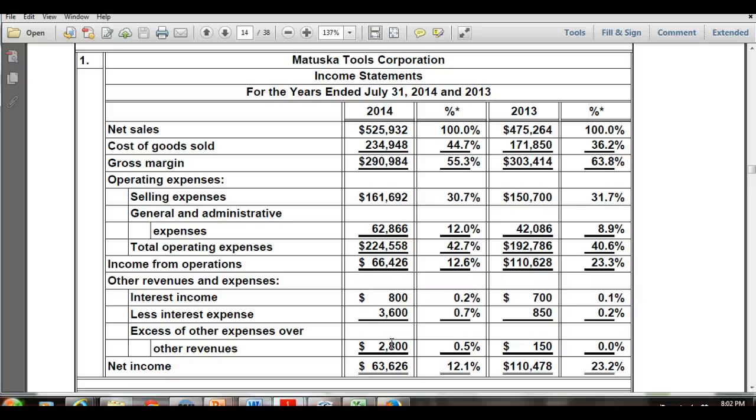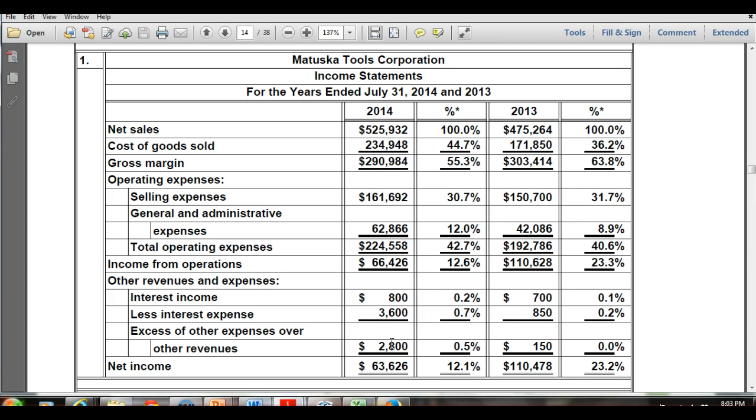All you're going to do is take each one of these accounts and divide it by net sales. So for example, for 2014, 234,948 divided by 525,932, what do you get? Should be 44.7.